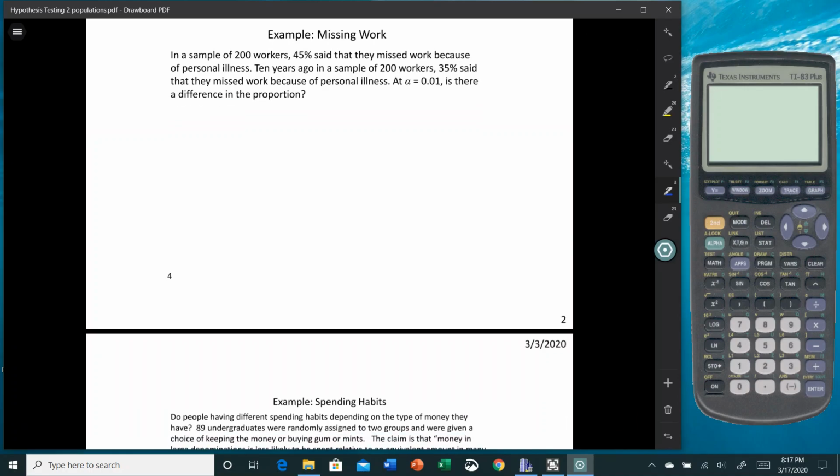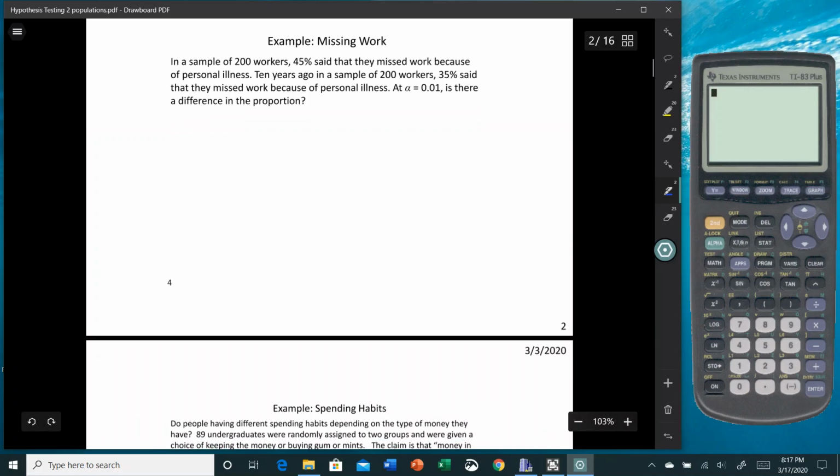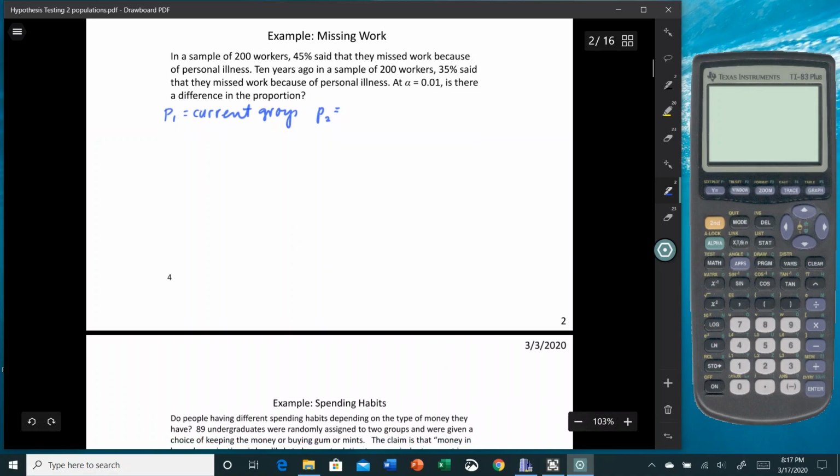Okay, so we do want to identify the two groups. So I'll let P1 be the current group. And P2 is the population of the group from 10 years ago.